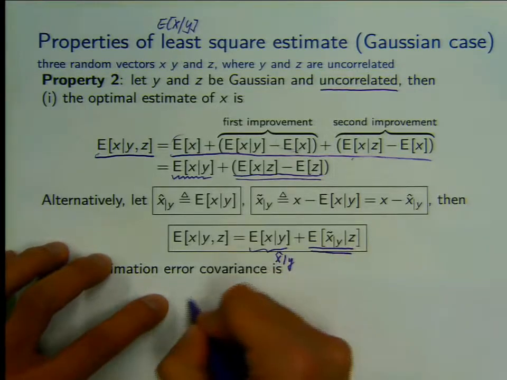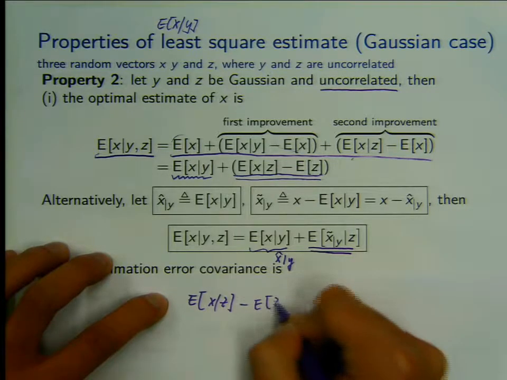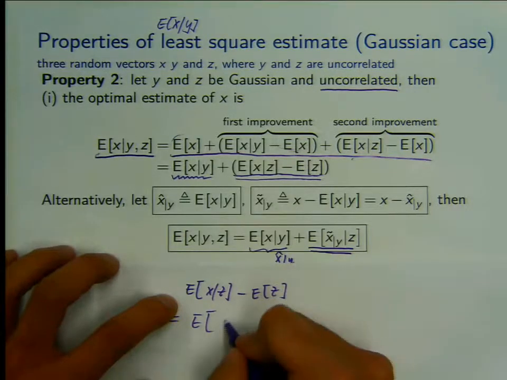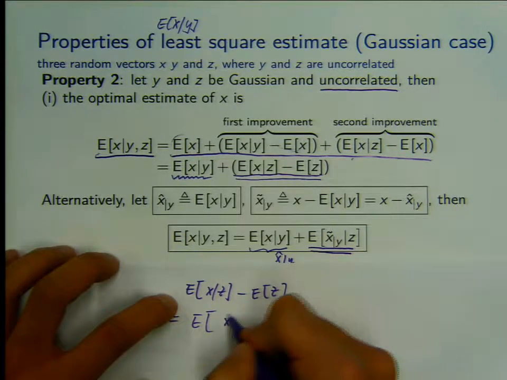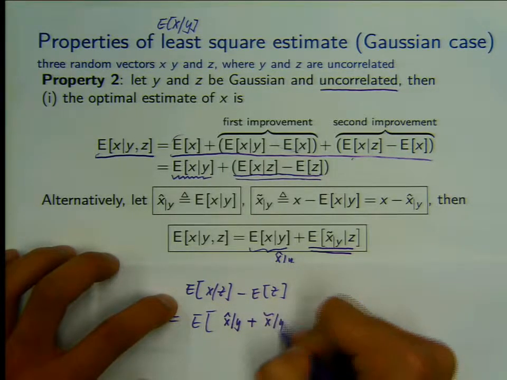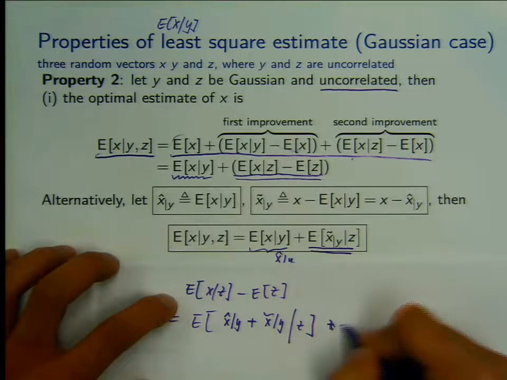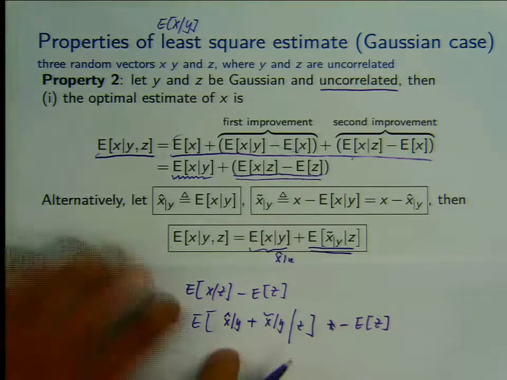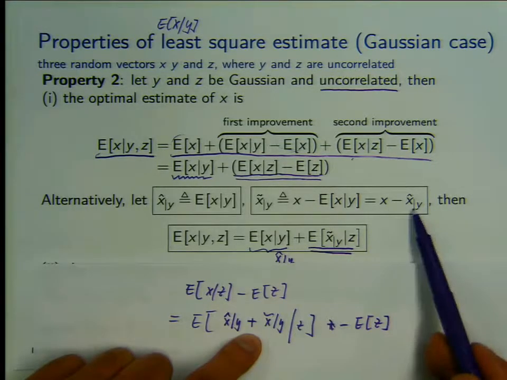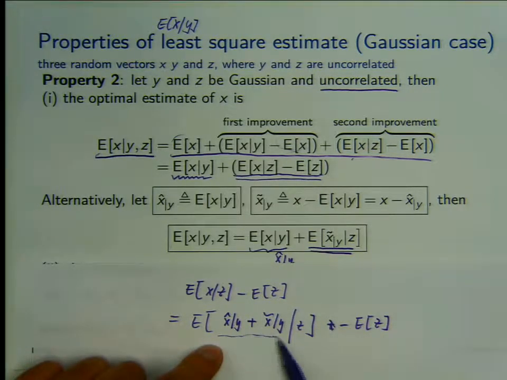Because expectation of x given z minus expectation of z equals expectation of, so x equals x hat given y plus x tilde given y. This is immediately using the notations I just introduced. X tilde given y is x minus x hat. So if I swap the orders, x is going to be equal to these two guys here.